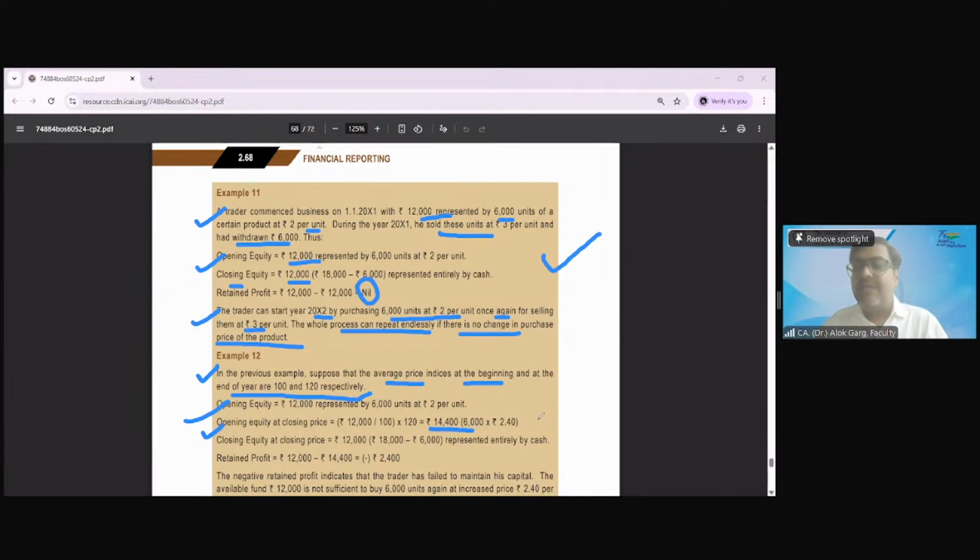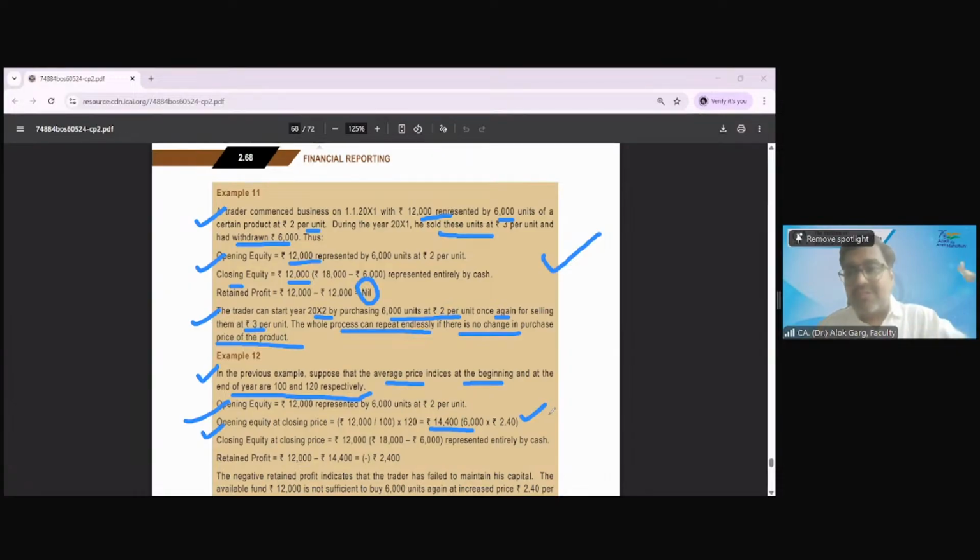Means if you have to maintain 6,000 quantity and you multiply by 2.4, how much capital are you required to maintain a quantity of 6,000 products in your business? 14,400. Is that clear to everyone? सबको clear है या नहीं है? Clear है ना? क्यों?